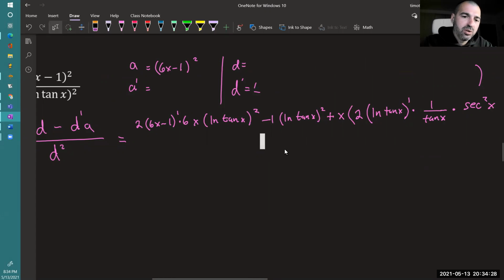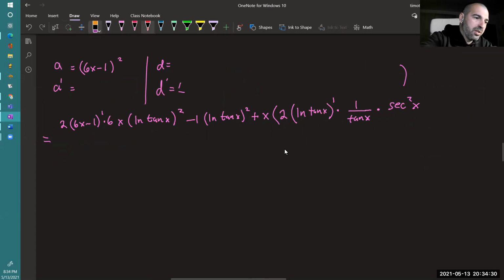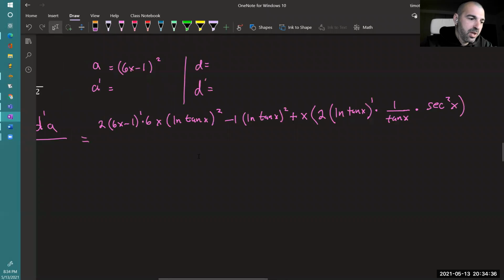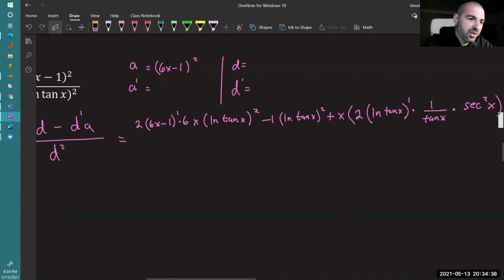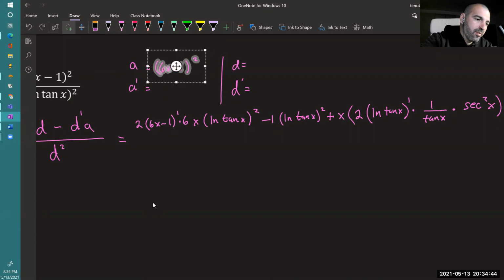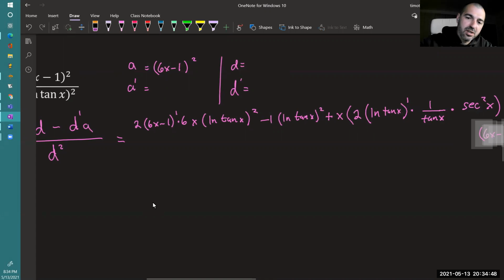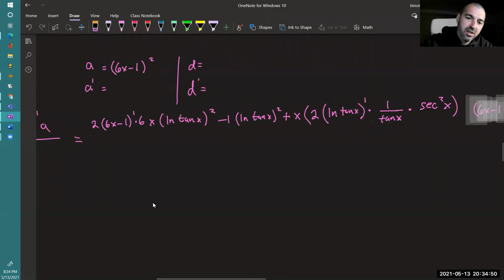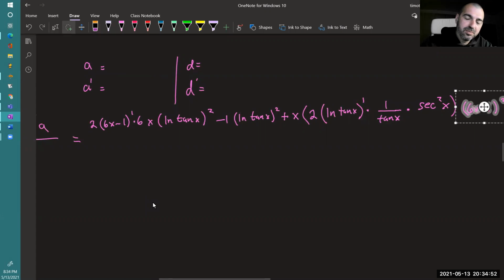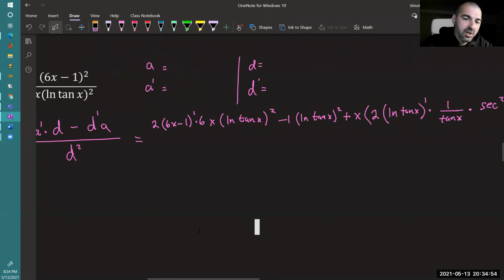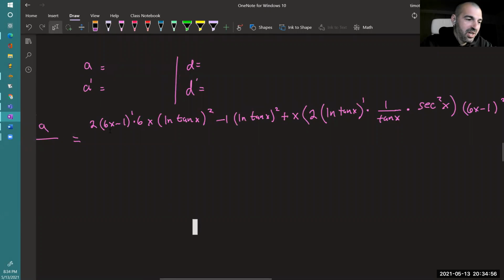And then I have to multiply it by, oops, I missed my parenthesis. Then I have to multiply it by a, which is this guy here. So I'll grab that guy. Oh, he has to go way out on the edge there. Can I do it? I can. Awesome. So there's my numerator.